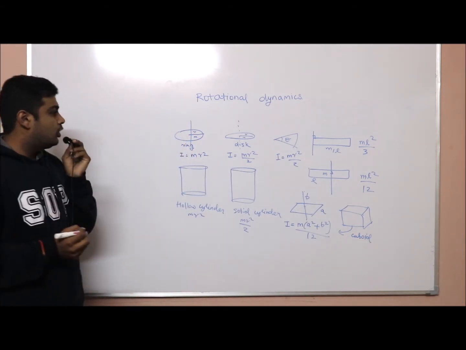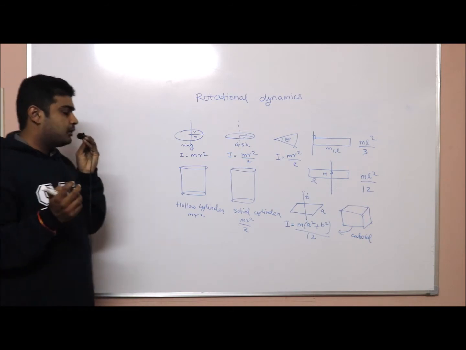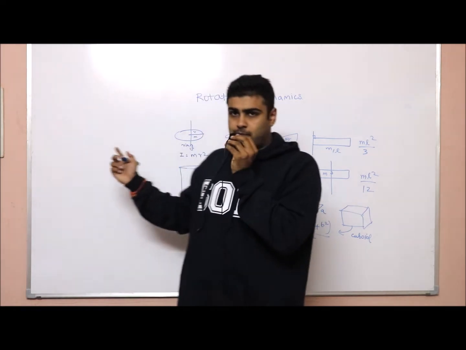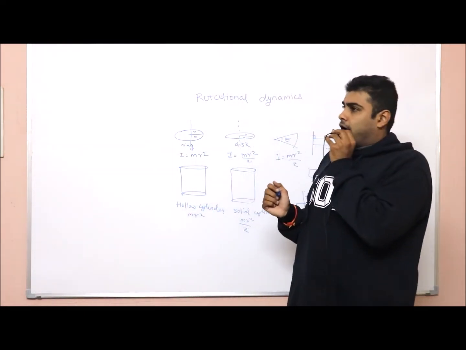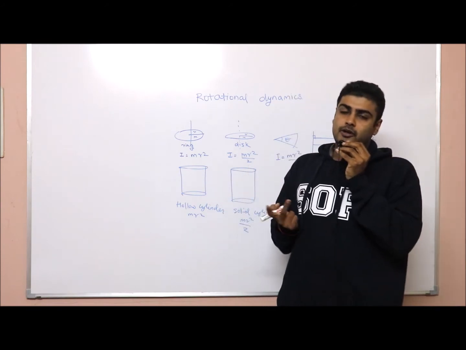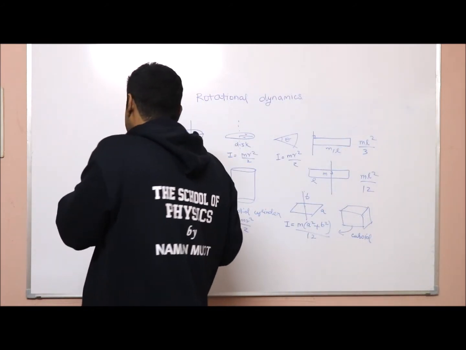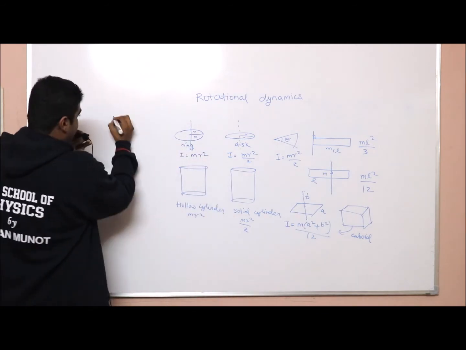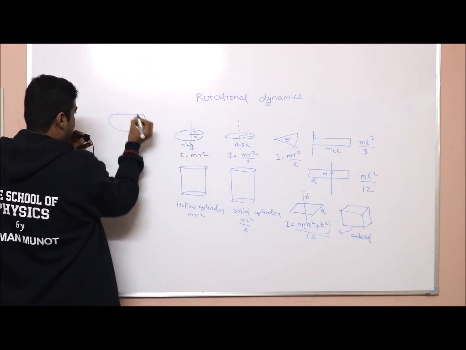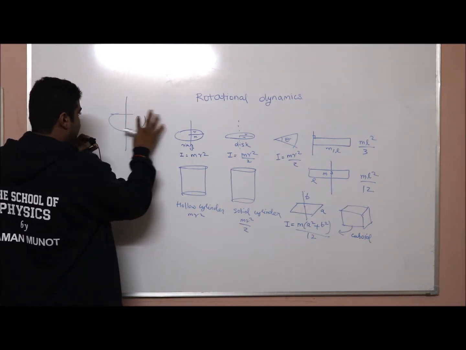So we have two more very simple theorems on moment of inertia. One is the parallel axis theorem and another is the perpendicular axis theorem. Very simple to understand. Suppose I take a plate.